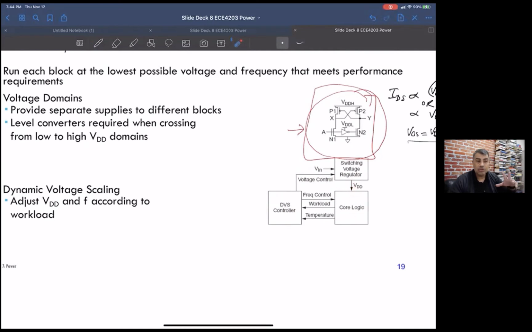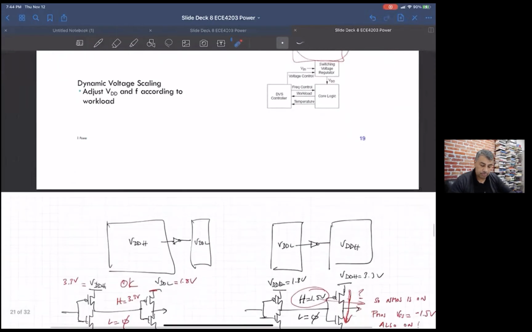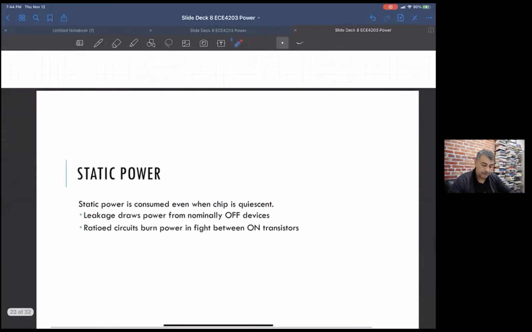Let's say you can't completely put it to sleep, but it's running slower, or doing something not so important. You can run it at a lower supply voltage, and when it needs to wake up and crank on some data, you increase the supply voltage and you go faster. So those are all nice tricks to use at a system level.